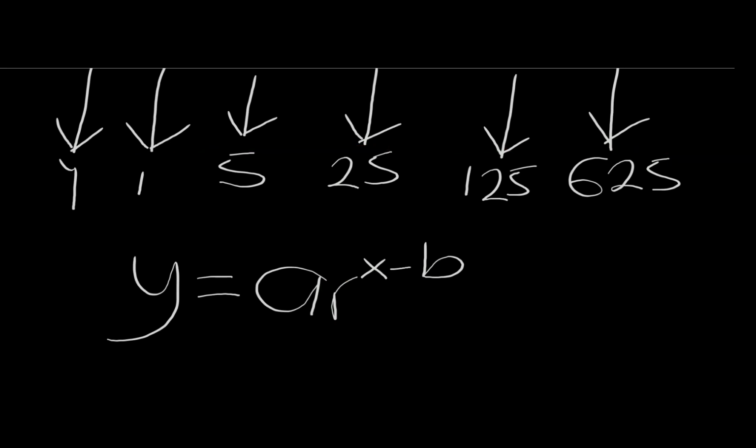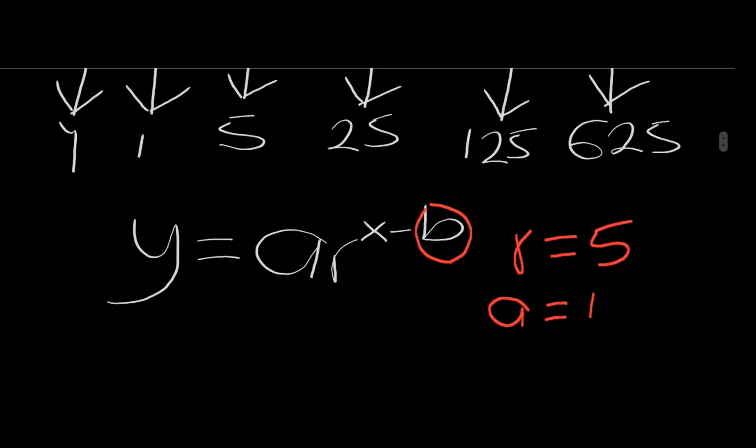When you calculated, our common ratio is equal to 5. Now, a is y1, that is the first element in the codomain. So my a will be equal to 1.